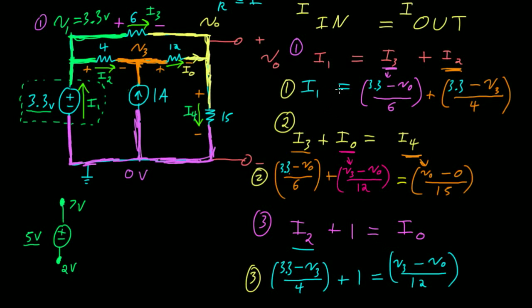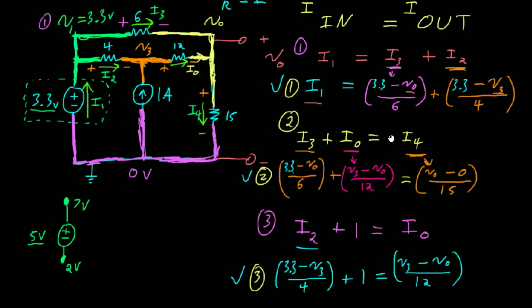After replacing all of the V1s in each of these equations with 3.3 volts, I have three equations, and there are only three variables in those equations that I don't know: I1, V0, and V3. So that's what I have to solve for.